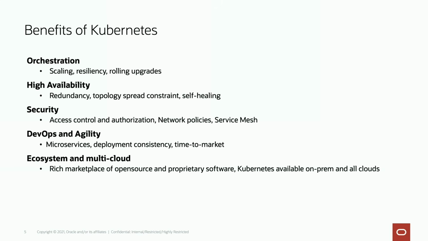It adapts to the load, the workload that you have. It brings you resiliency, so you declare what state you want to run your application in, and Kubernetes makes sure that the application gets there.